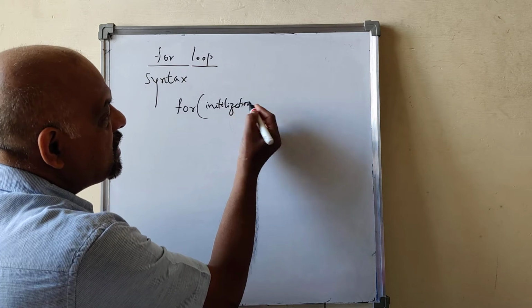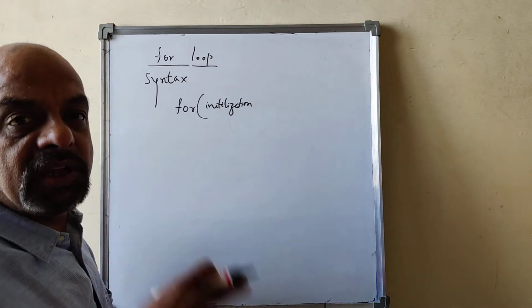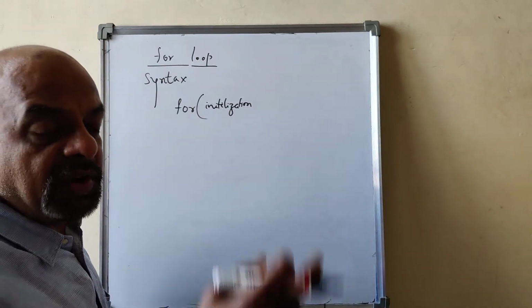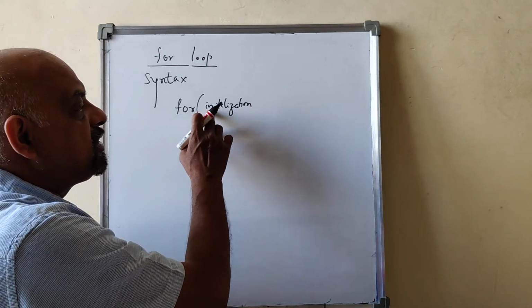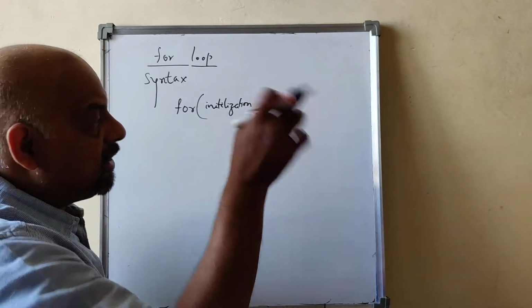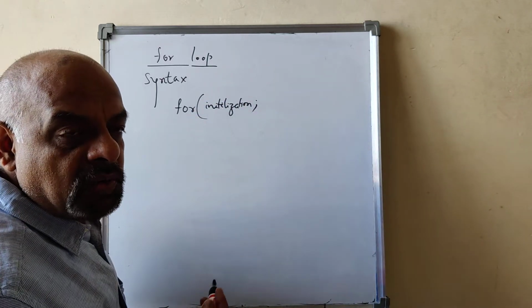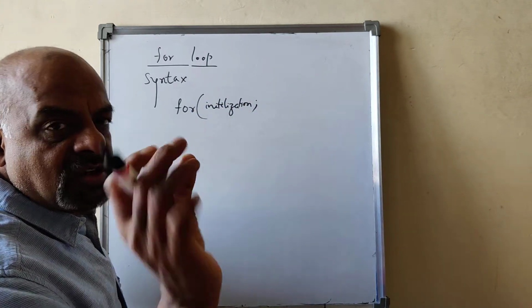Initialization: the loop control variable, the control variable responsible for controlling the iterations. It is initialized once and takes a starting value. The loop control variable will be initialized to the starting value.